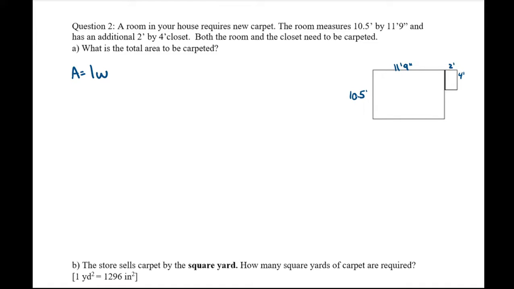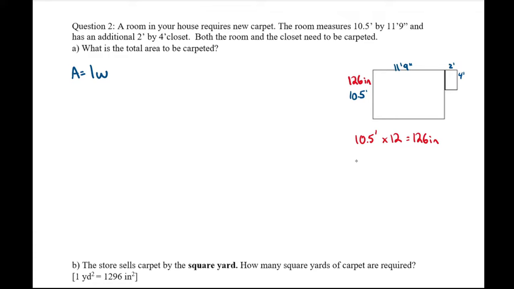So I have 10.5 feet multiplied by 12 inches. In this case, I don't have to worry about adding anything because they're using this as a decimal. So 10.5 times 12 gives me 126 inches.